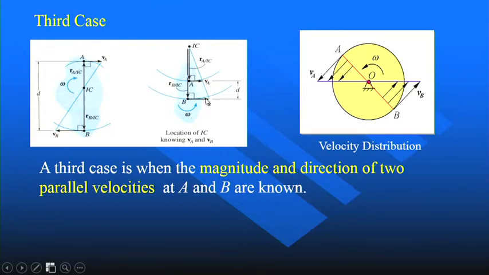And also using the distribution law that the velocity is proportional to the radius, we draw a connection line from the head of VA to the head of VB and extend this line until it crosses the diameter or the radius, right? So this intersection is the IC.